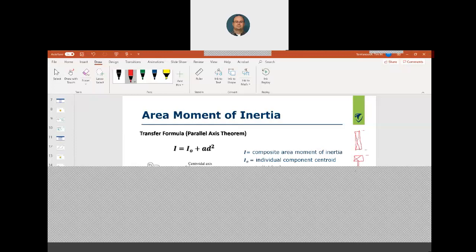If I look at my composite, believe it or not, by doing this, the centroid here and the centroid of this here is actually increasing the moment of inertia. It's making it stiffer. Counterintuitive, isn't it?